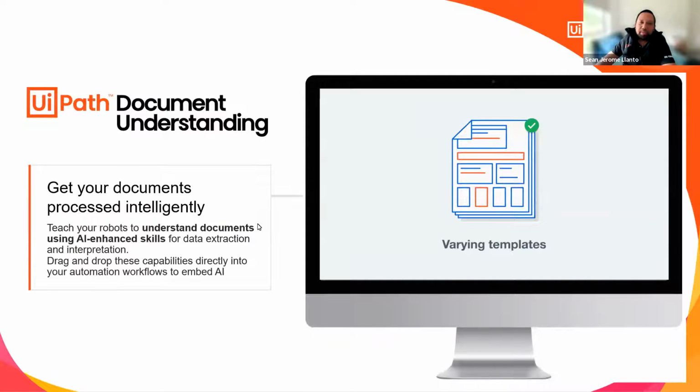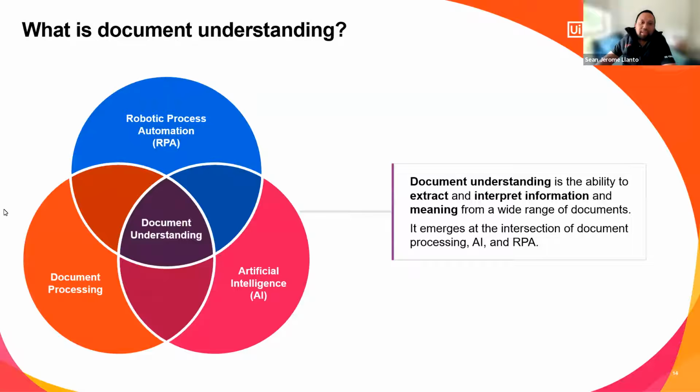So what is document understanding really? Document understanding is the combination of different technologies such as RPA, artificial intelligence, and document processing. What we're trying to do is ask the technology to extract and interpret the information and even meaning from a wide range of documents.